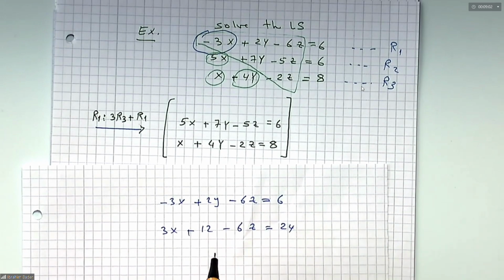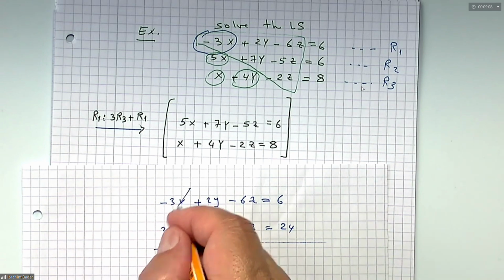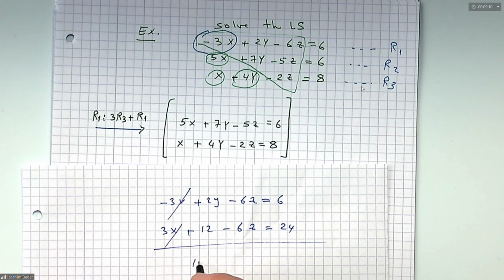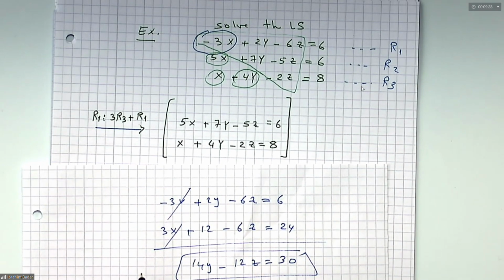Is it 24? Okay, if I add them up, this will cancel out. I have 14y minus 12z equal to 30. So this is the new R1 that I'm going to replace here.